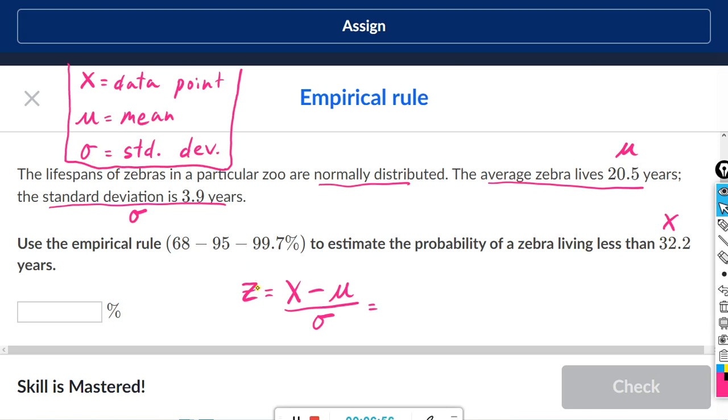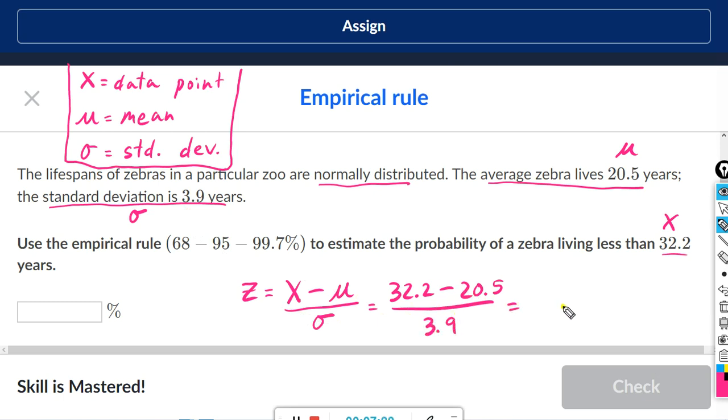So let's calculate our z-score. x is 32.2. Mu is your mean, that's 20.5. And your standard deviation, sigma, is 3.9.